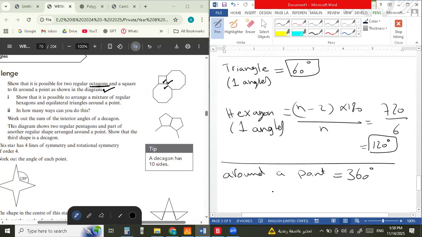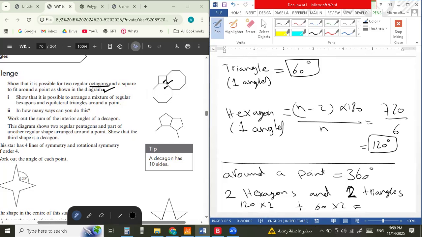So if I have two hexagons and two triangles, that will give me the 360, because two hexagons are 120 times 2, which is 240, plus two triangles, 60 times 2, which is 120. 240 plus 120 is 360 degrees.